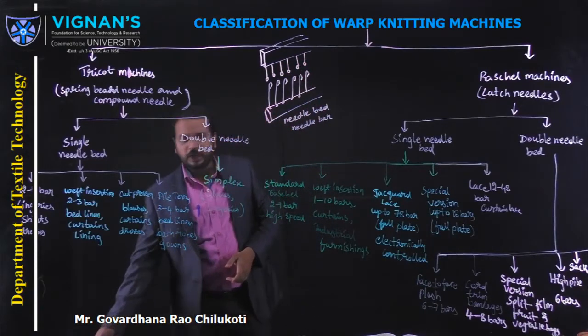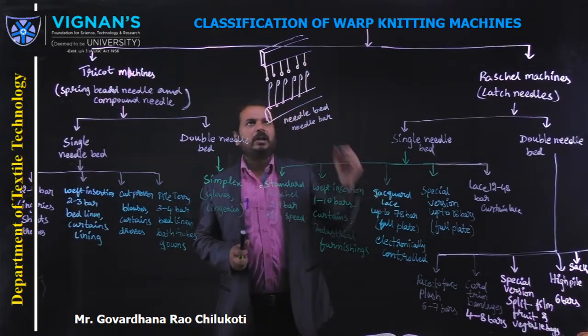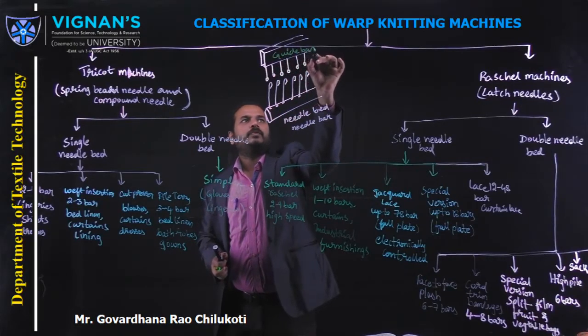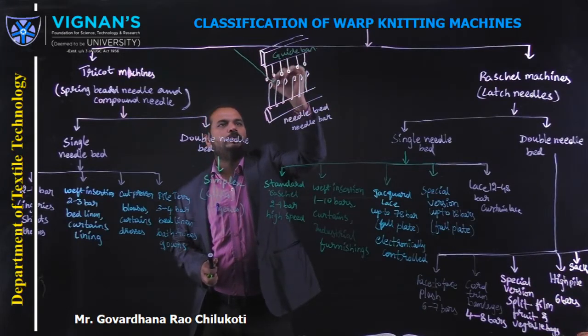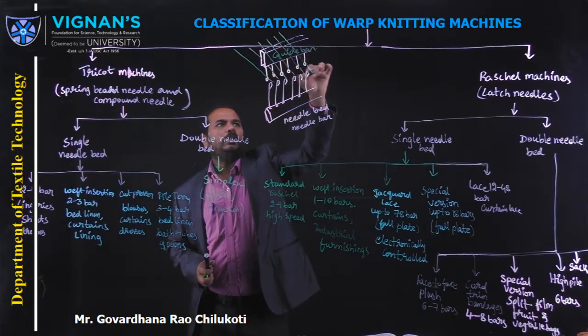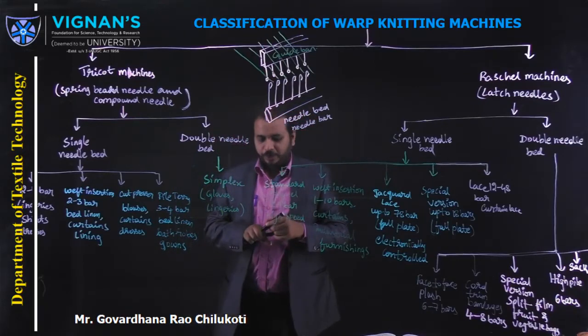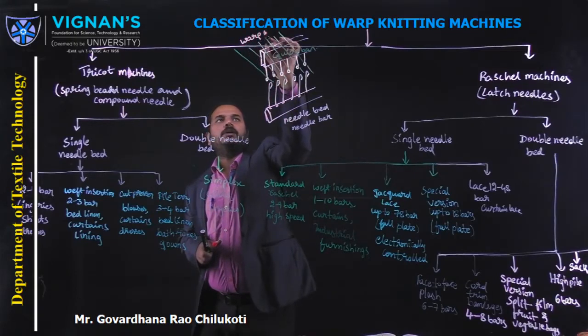You can see here the use of guides on our guide bar. The warp yarn is fed to the needle with the help of these guides only. Individually, all the guides feed the warp sheet or warp yarns.